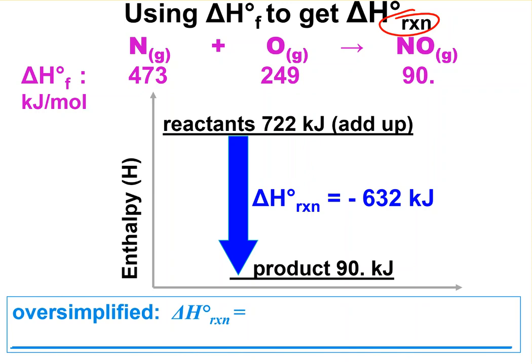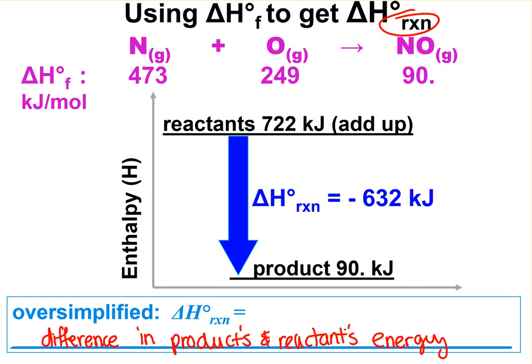So, oversimplified, heat of reaction is the difference in products and reactants energy. And for energy, we're talking about heats of formation.